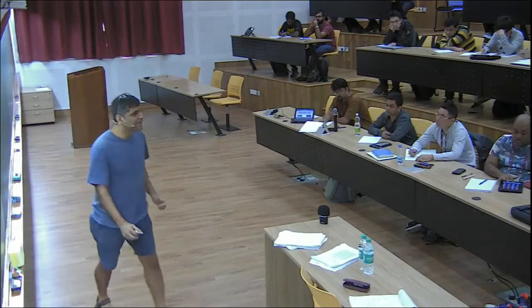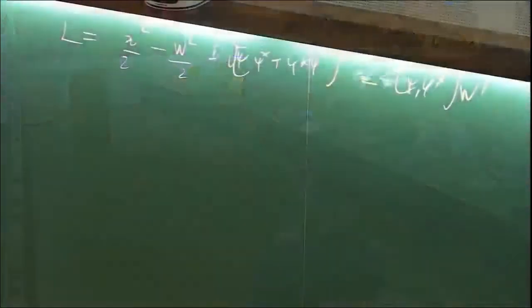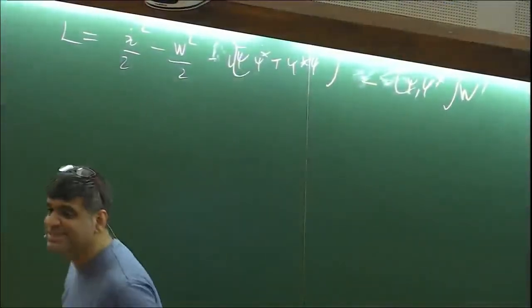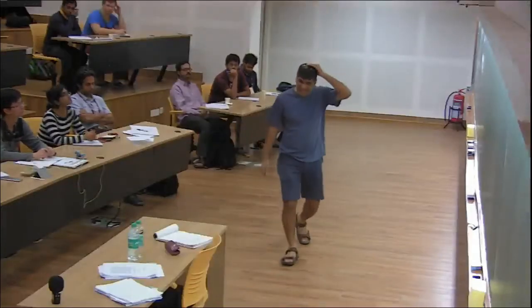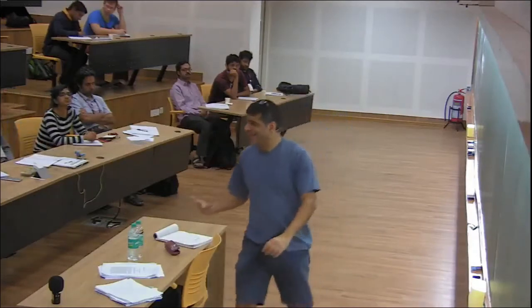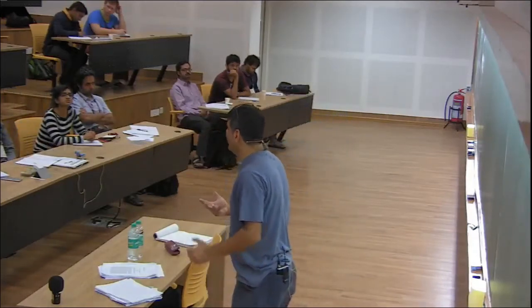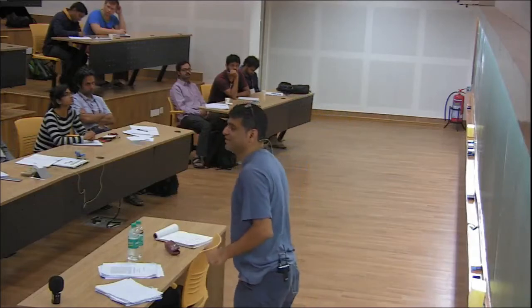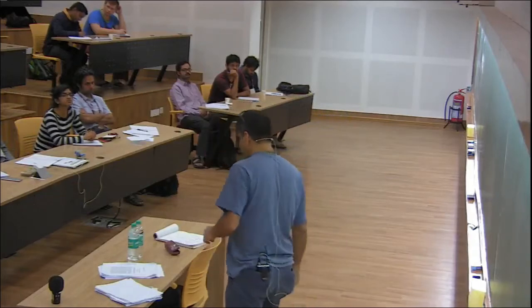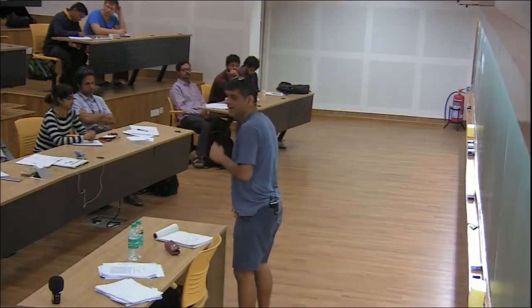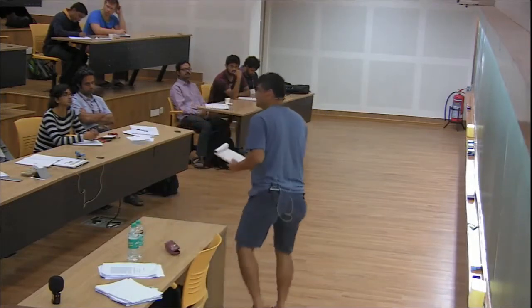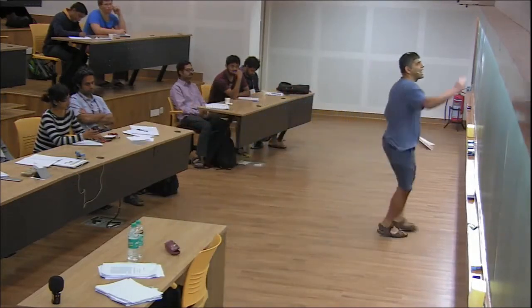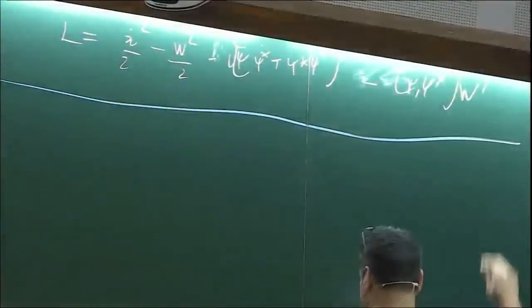Wouldn't it be nice if we could see that this action was supersymmetric by inspection? And there is a way of seeing this, which I'm now going to briefly review for you. And that goes as follows.